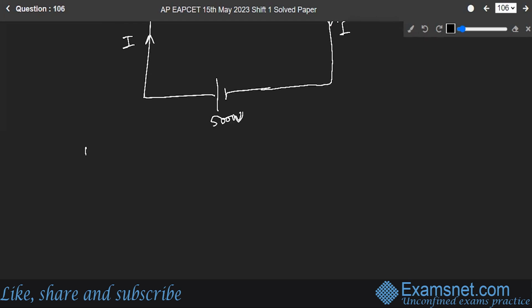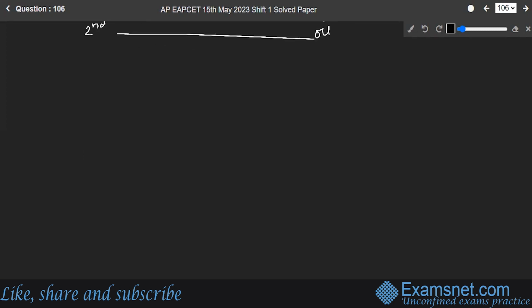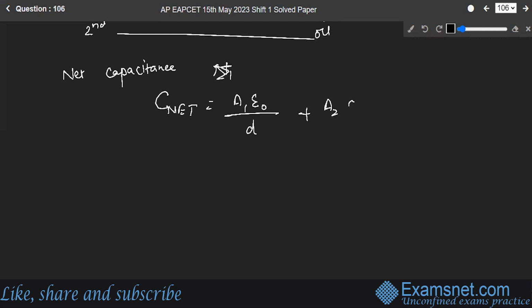Now, first is with dielectric as air, and the second is with dielectric as oil. So the net capacitance will be given by C net equals A1 E naught upon d plus A2 E naught K upon d.